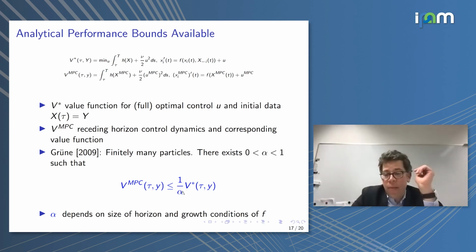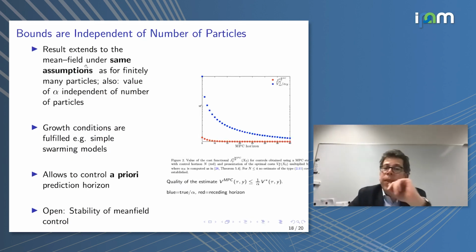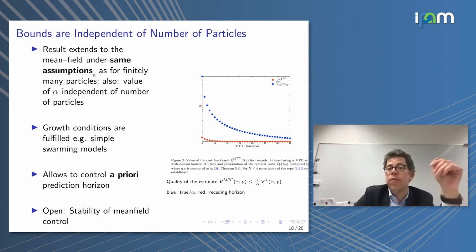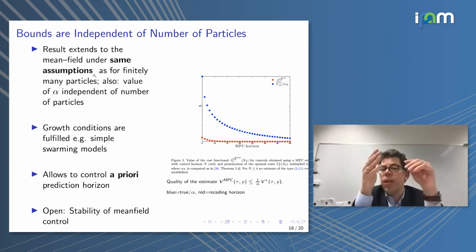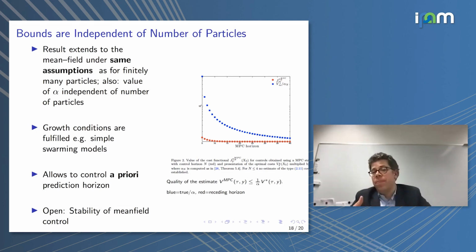And this constant, in particular this alpha, does not depend on the number of particles. This was what we could prove. So we could extend this result to the mean field, to this mesoscopic level, for infinitely many particles, and this number was independent.